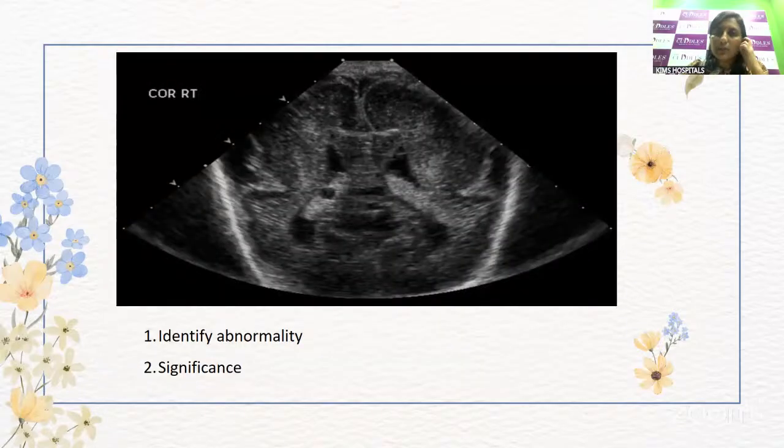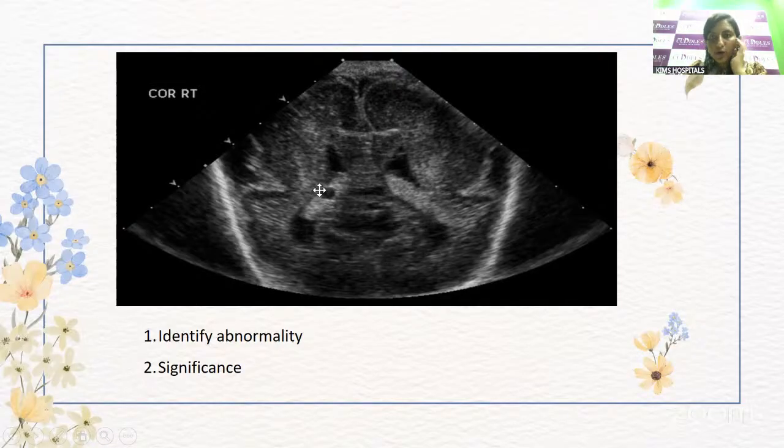Now coming to the next question. What is the view? Identify the abnormality and the significance of this. This is the fifth coronal view in which we are seeing the choroid plexus. There is a tiny cystic structure within the choroid plexus.